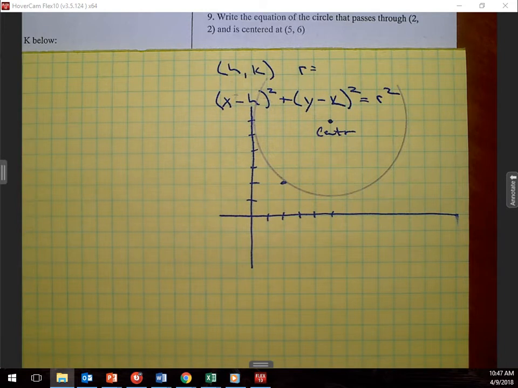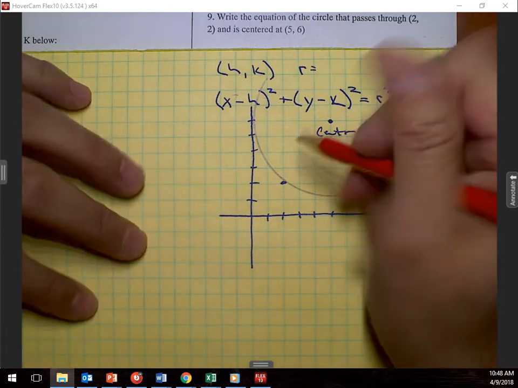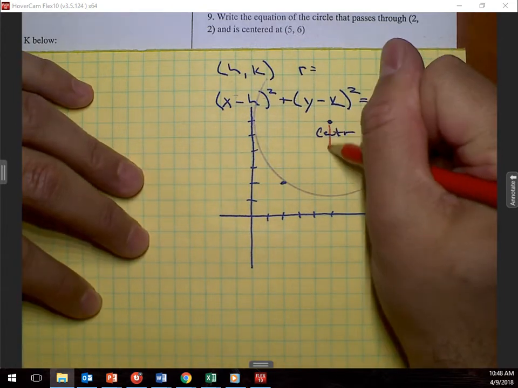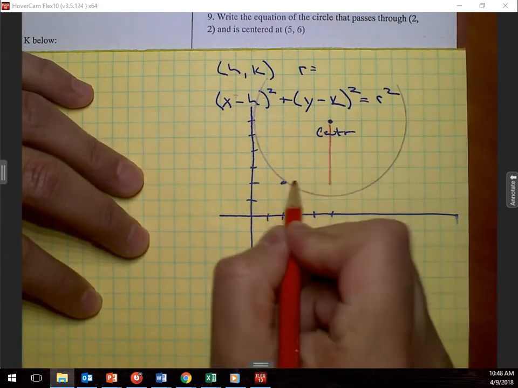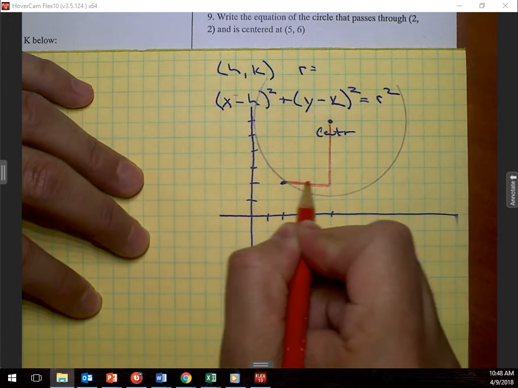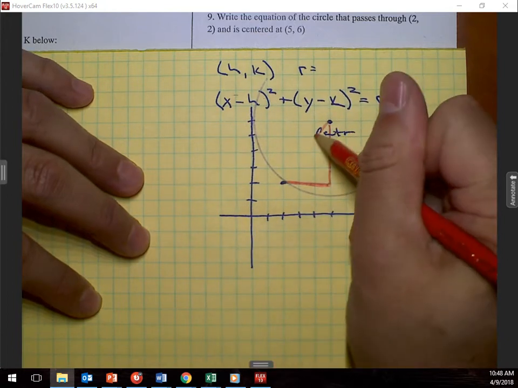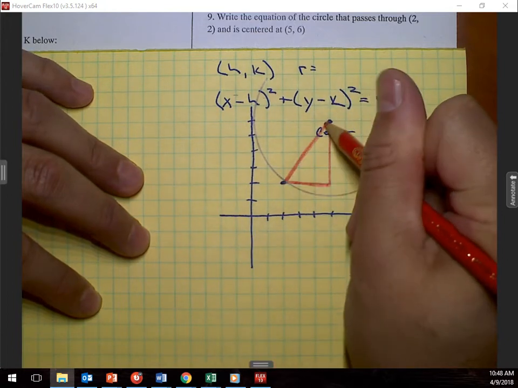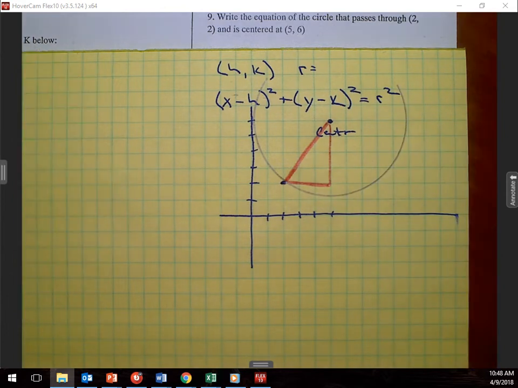Usually every time we did one of these problems, they're centered somewhere next to the origin. So I'm going to go through and show you guys. If you have this, you also have, what's this going to make? Very good. It's a right triangle.